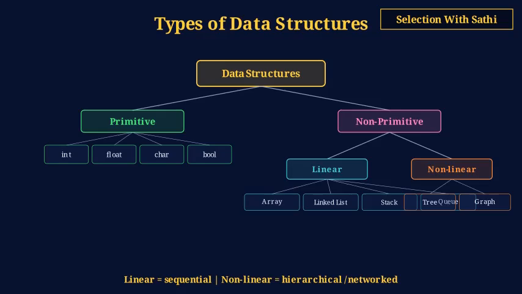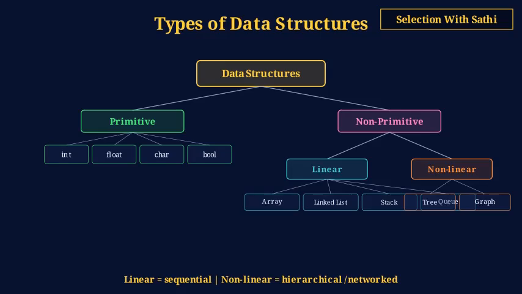Non-primitive structures are further divided into linear and nonlinear. Linear means elements are arranged in a sequence. Arrays, linked lists, stacks, and queues are all linear. Nonlinear means elements have hierarchical or networked relationships. Trees and graphs are nonlinear.